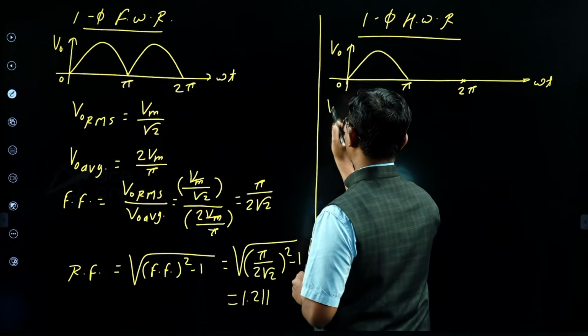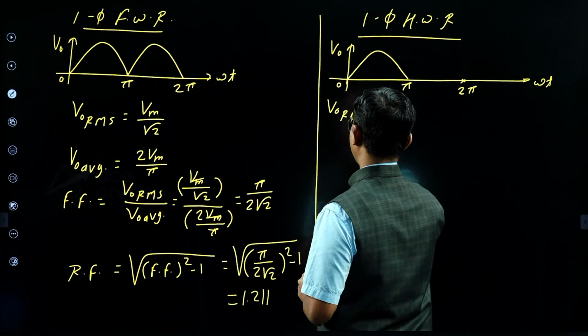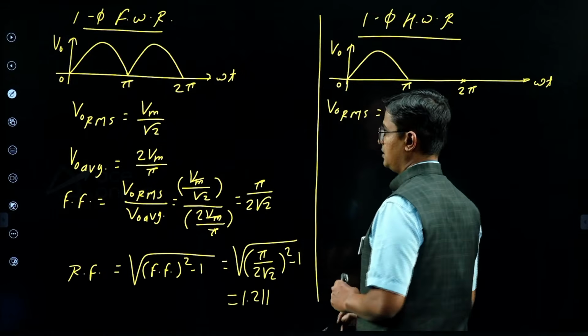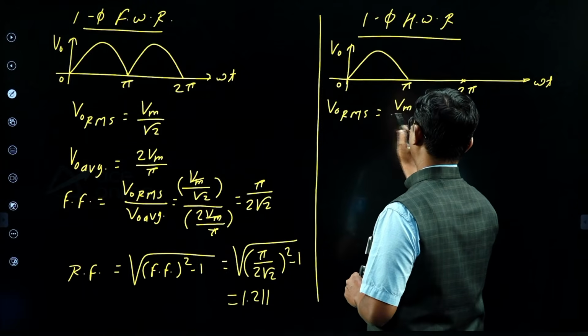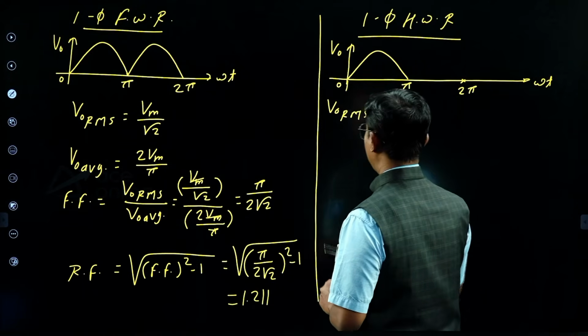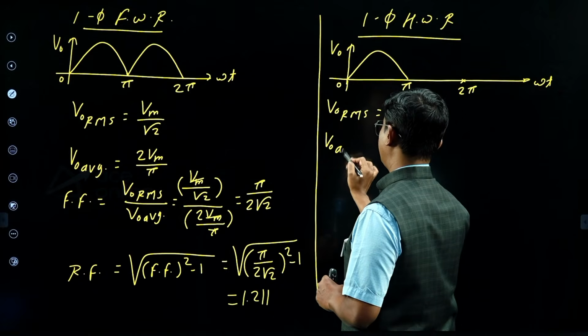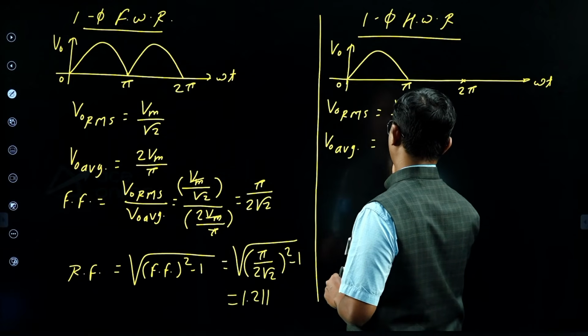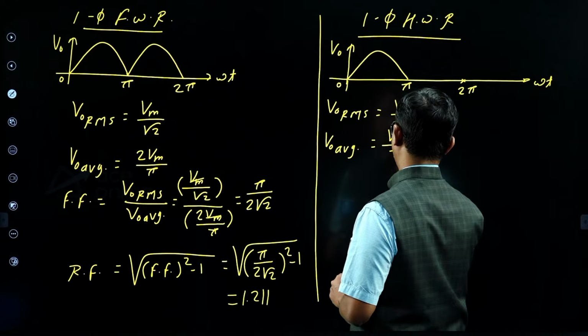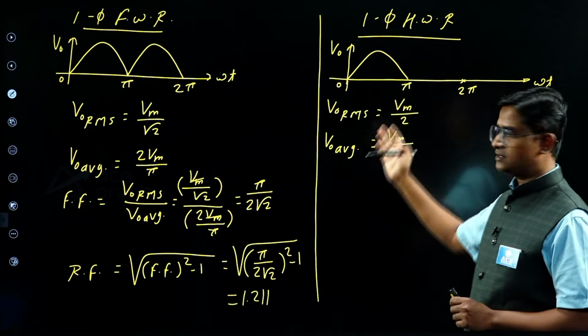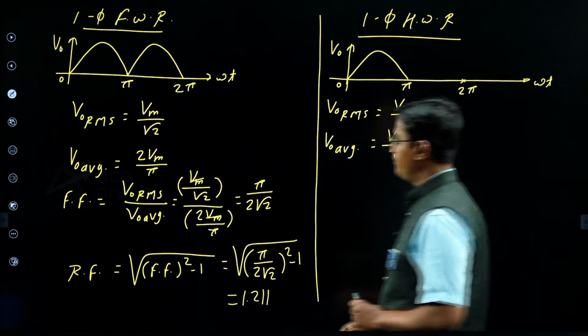Fine. So V0 RMS is Vm by 2 and V0 average is Vm by pi, right? This is half sinusoidal waveform.